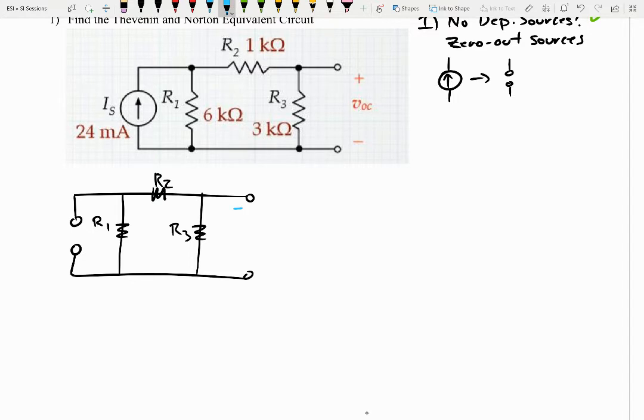We treat this as plus minus VOC. And now what we're going to do is treat VOC like it's a battery. So step 2, we'll find our R Thevenin.